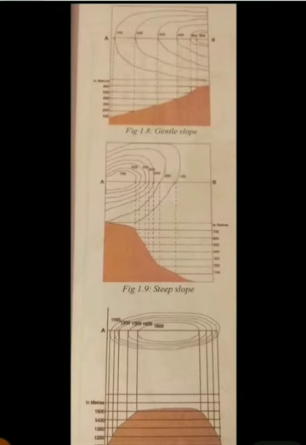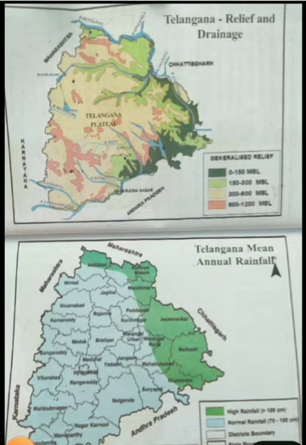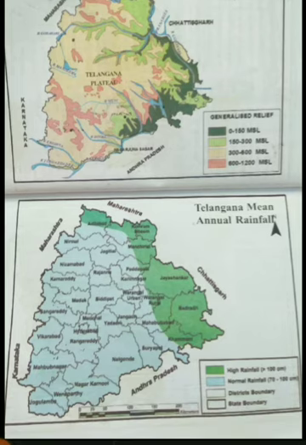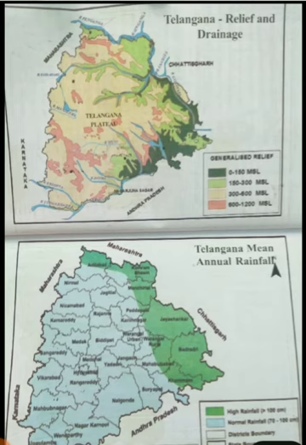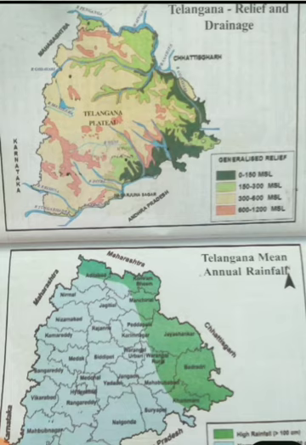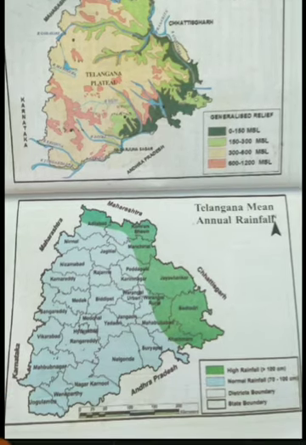Now, knowing about the atlas. This is the picture of our Telangana relief and drainage. The relief features are here: the mountains, plateaus, as well as the Deccan Plateau. You can see the generalized relief: 0 to 150 MSL, MSL for mean sea level, and 150 to 300 MSL.